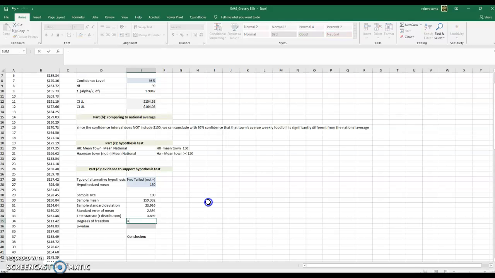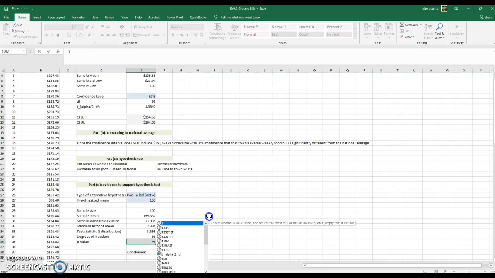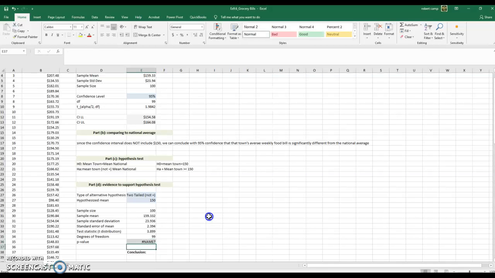For degrees of freedom, we've just got the one set of data, so that is our sample size minus 1. For our p-value, we're running a different test because we have a two-tailed t-distribution, so we're going to use the t-distribution two-tail function, and we'll finish writing it out instead of just hitting enter.